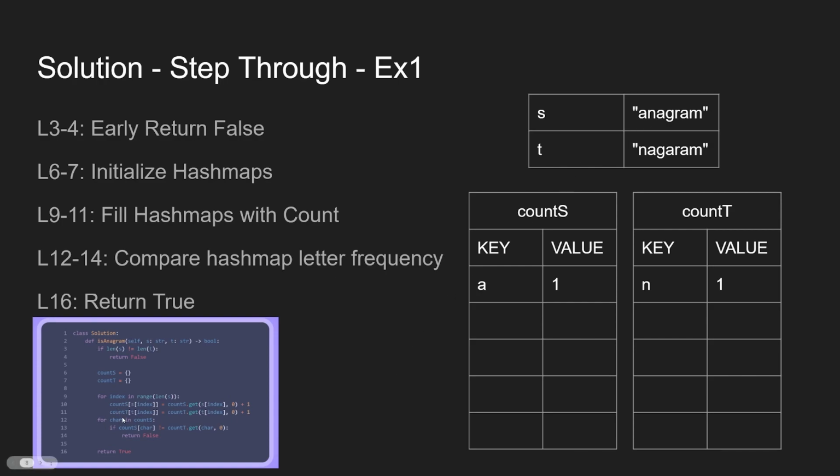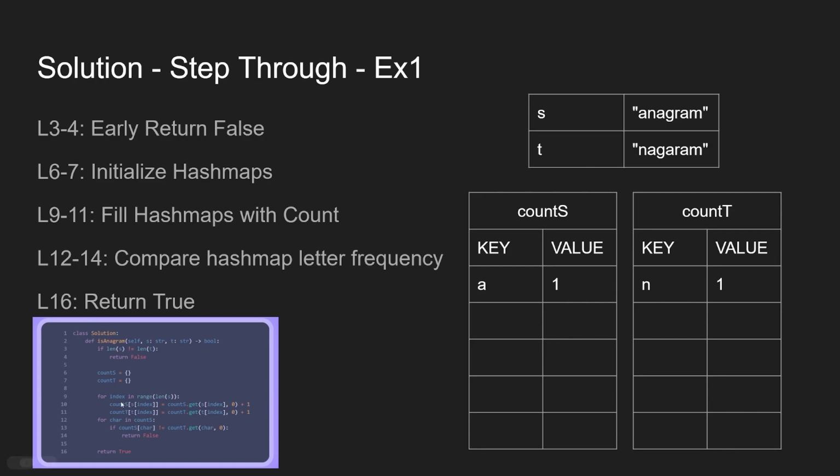So we run this code and we get A is the first letter of S, which is 1, and T has the first letter of N. So those are added as keys, and the value is incremented by 1 from the default value of 0. And now we move on.